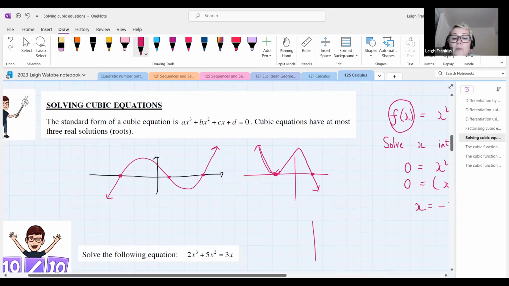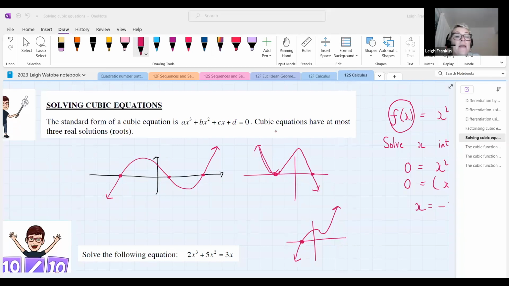Or you could have a cubic function that has one of its turning points above the x-axis. It could look something like that. In this case, it only has one x-intercept. So when you are solving a cubic equation, there can be at most 3 real solutions. There can also be 2, and there can also be 1. It just depends on the particular cubic that you have been given.